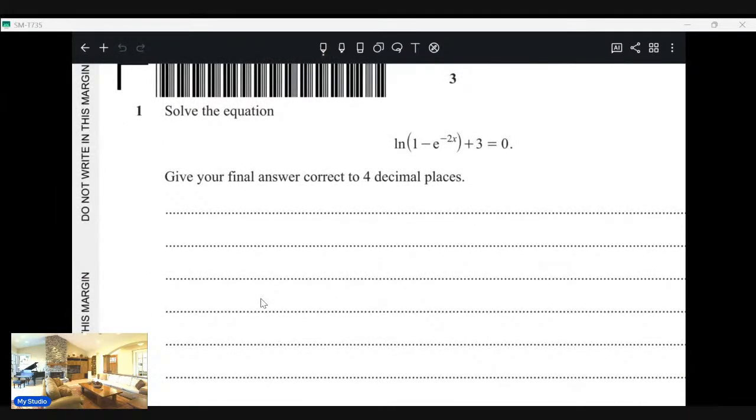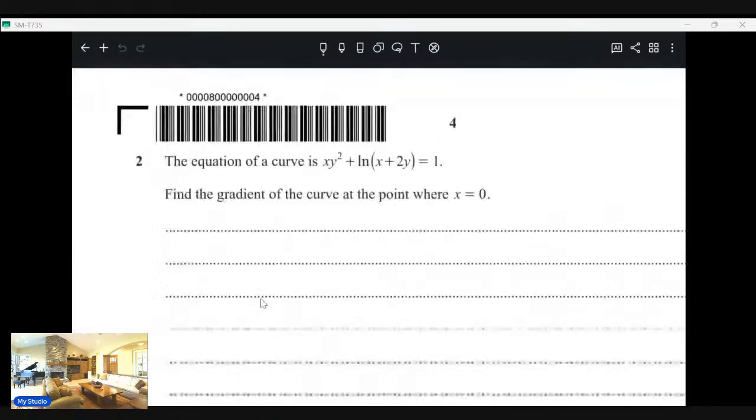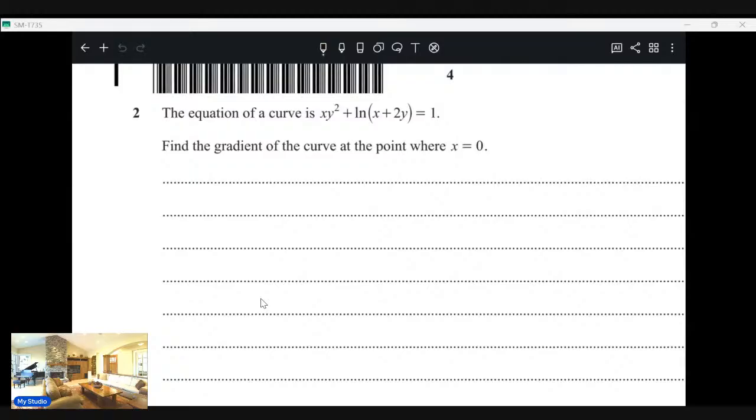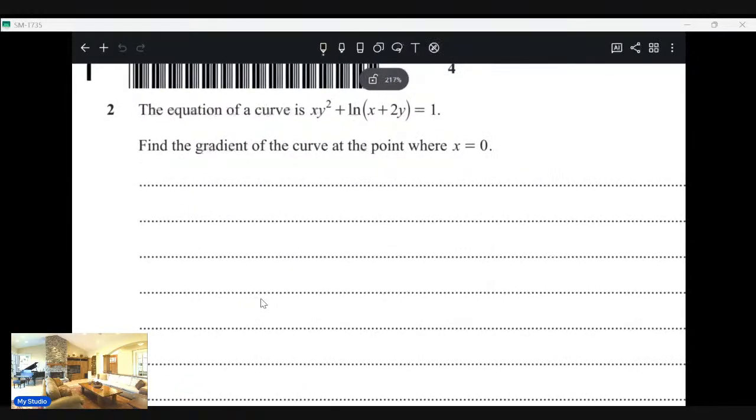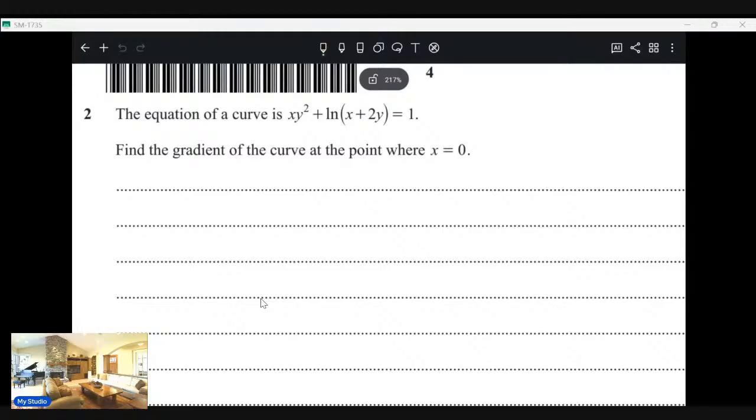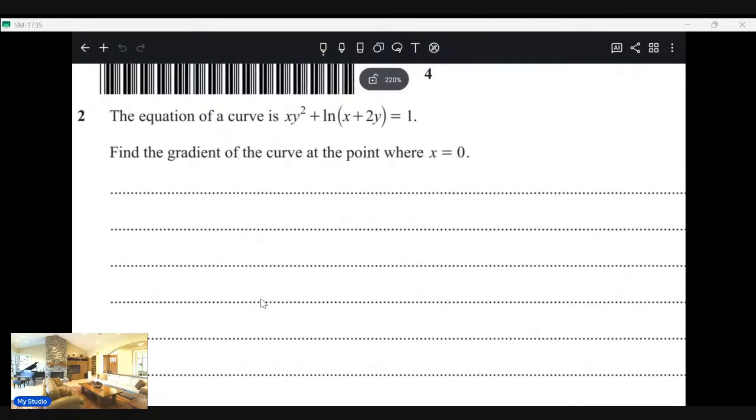Let's look for questions, shall we? Look at this. We are expecting what we talked about. They are not surprising anybody here. The question says, find the gradient of the curve.